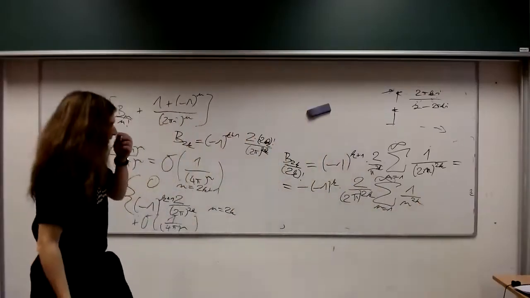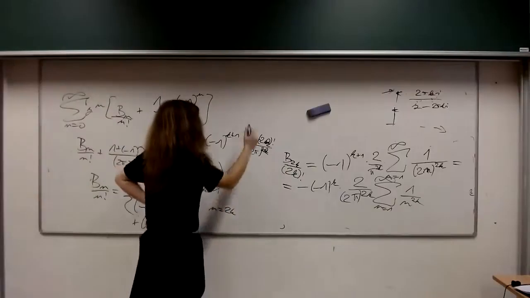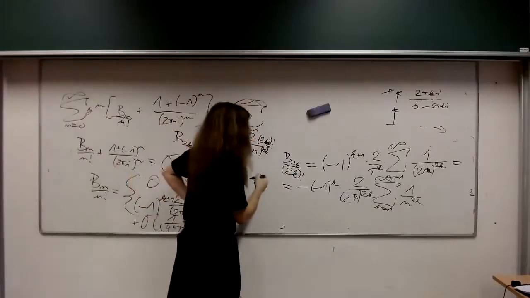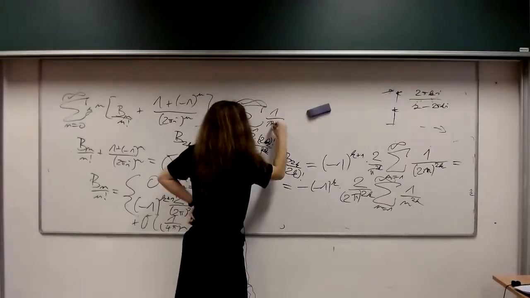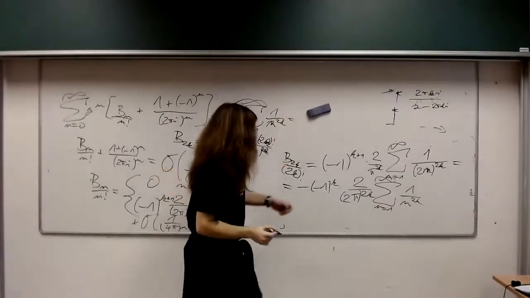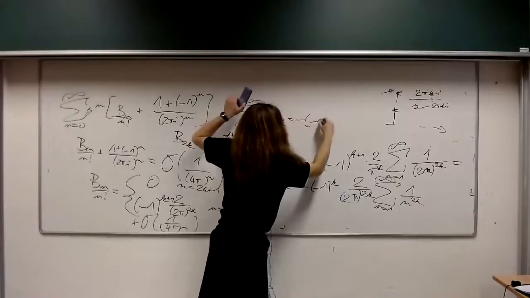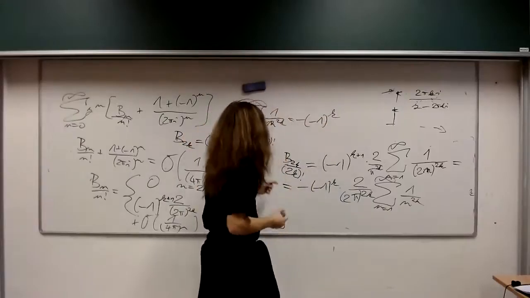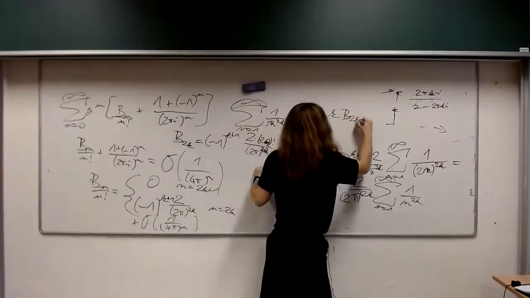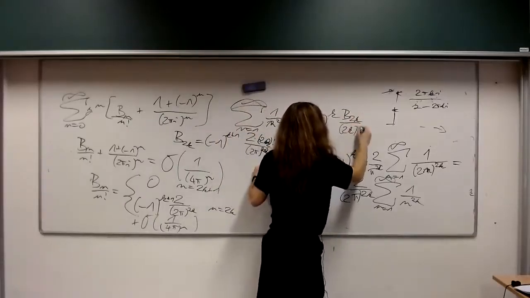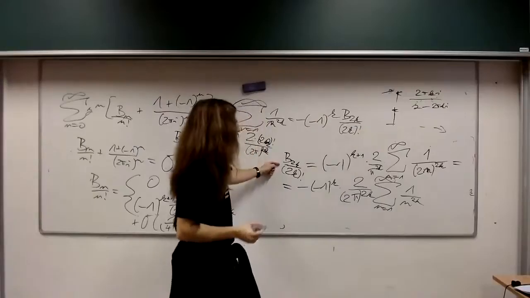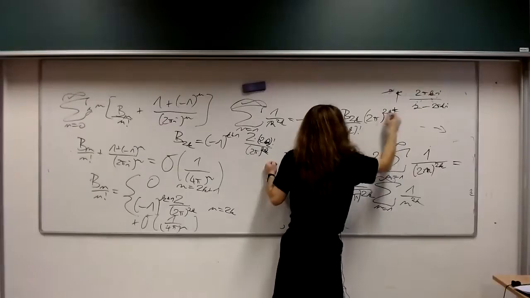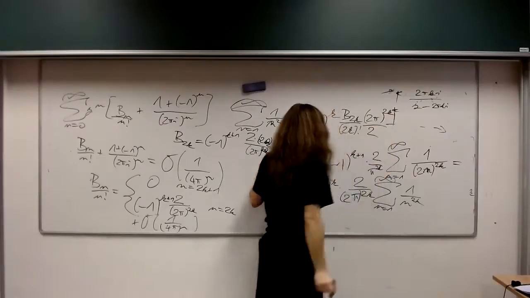So now if we express that sum of 1 over n to the 2k, then we get minus 1 to the k. Here we get B2k over 2k factorial, that was on the left-hand side, and then we get 2 pi to the power of 2k over 2.